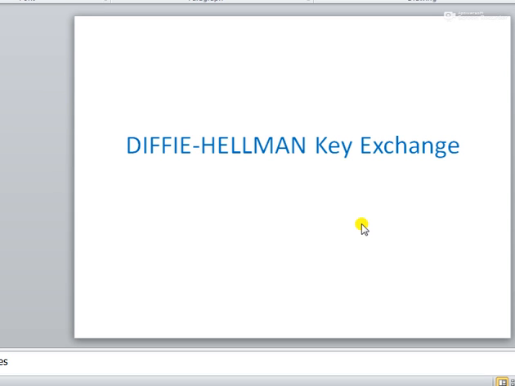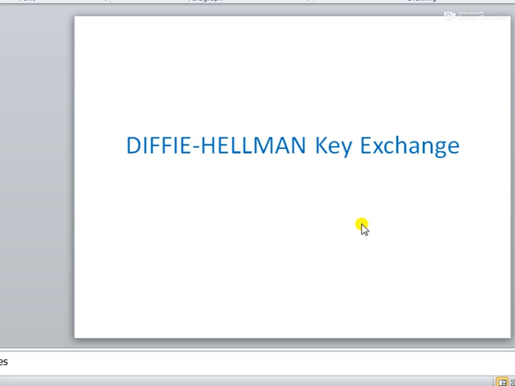We discussed how to generate the public and private keys in the RSA algorithm example. RSA is an example for asymmetric key cryptography, and DES is an example for symmetric cryptography.